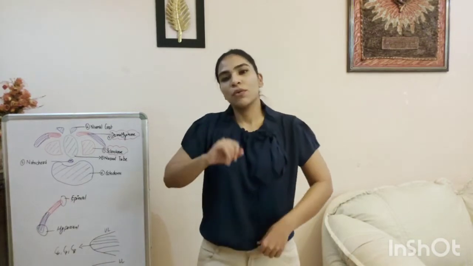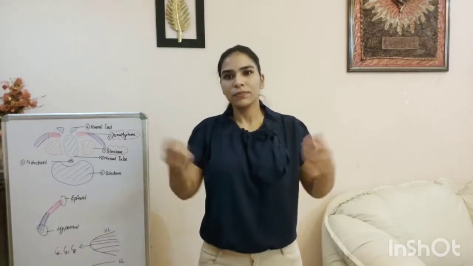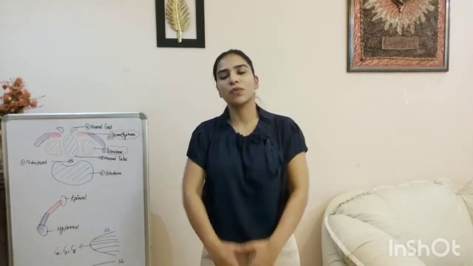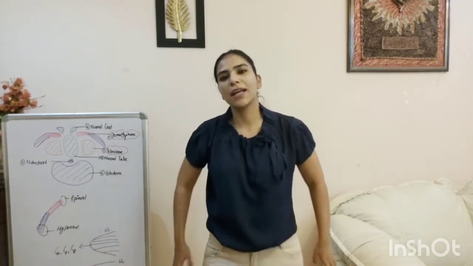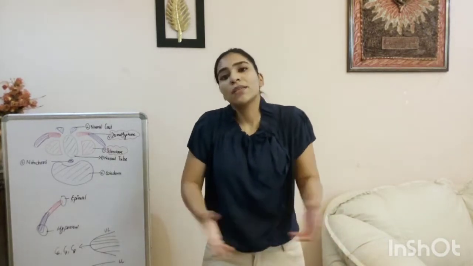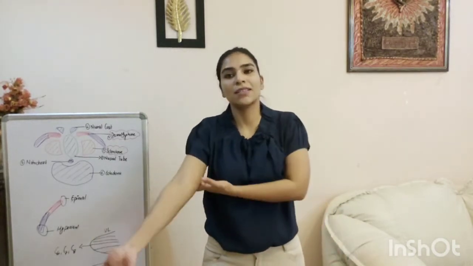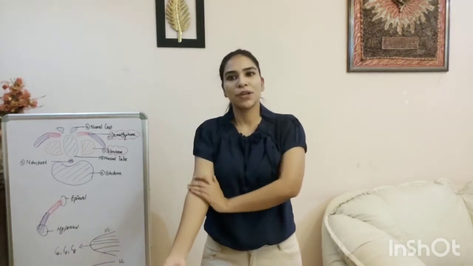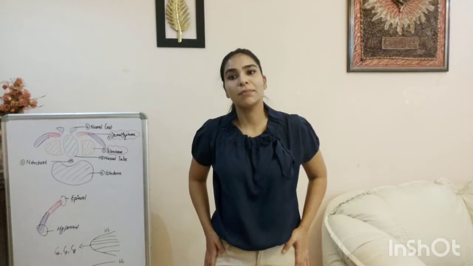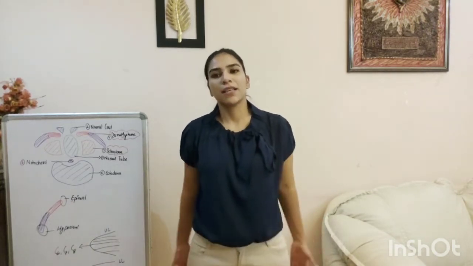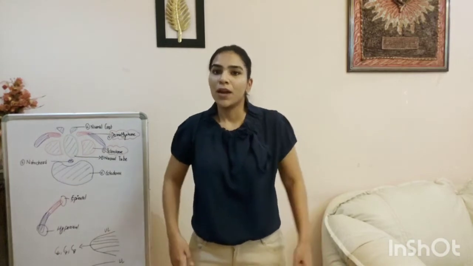So what will happen? Earlier, the flexors were in the anterior part and the extensors were in the posterior part. Now when this rotation happens, our extensors for the upper limb are going to be posterior and flexors anterior, but in the lower limb, our extensors are going to be anterior and the flexors posterior.